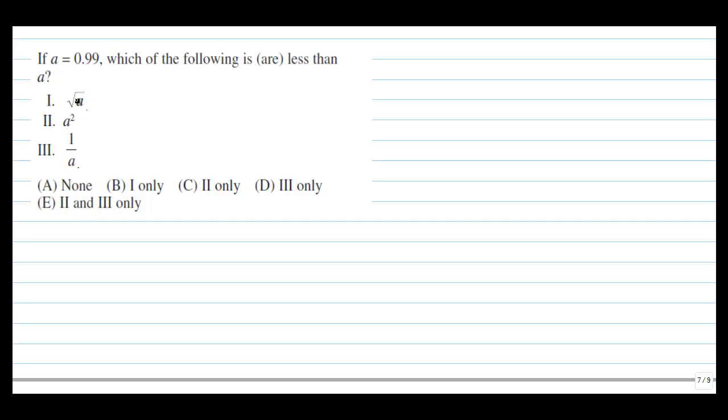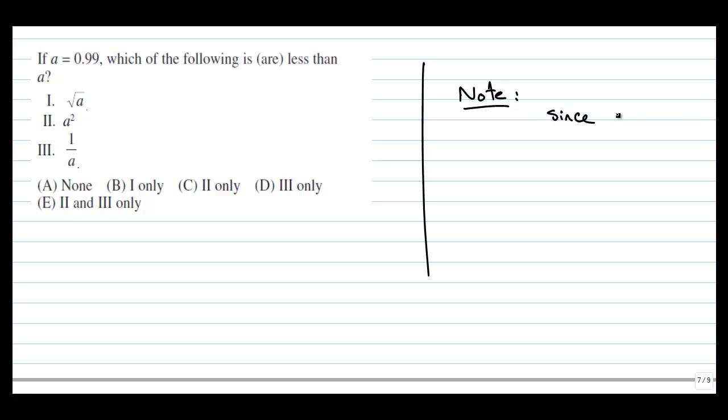Just work it out: the square root of 0.99, then square 0.99, then write the reciprocal of a, which is 1 over 0.99, and compare the values. You can easily tell which is true and which is false. But what if a calculator is not allowed in a question like this? In this case, you have to be familiar with some concepts. So I'm going to do it the harder way, without a calculator, though as I said, if a calculator is allowed, you can use it.